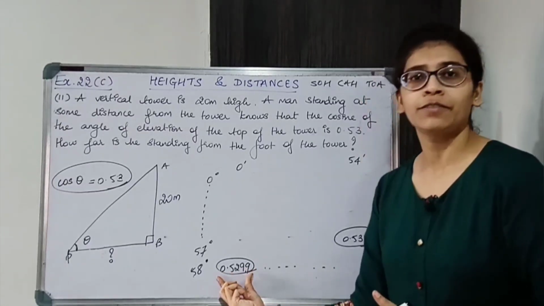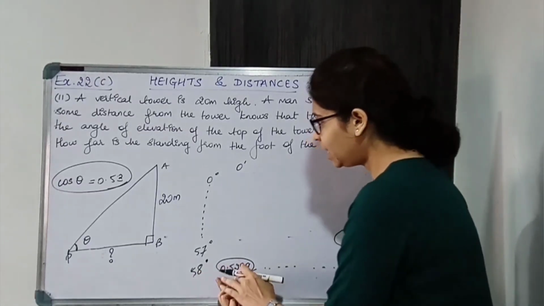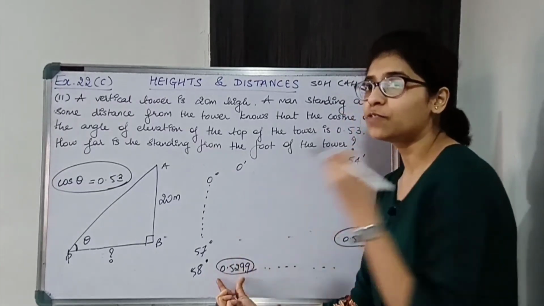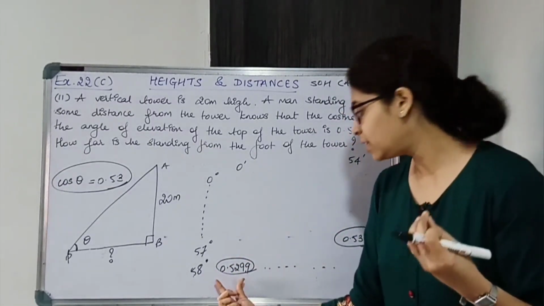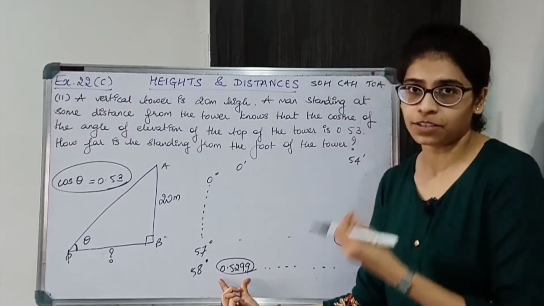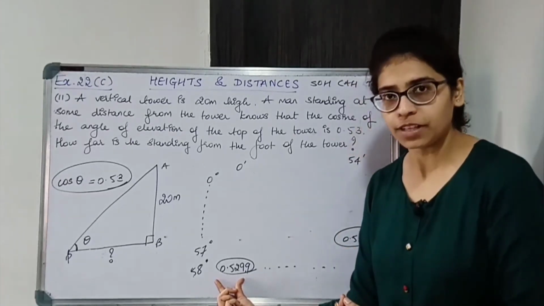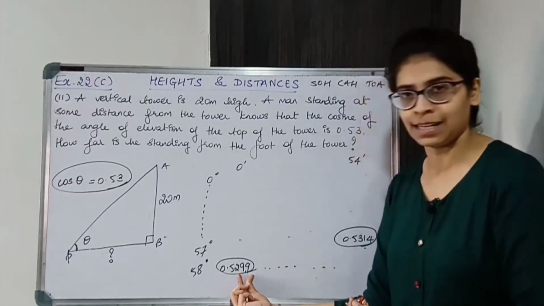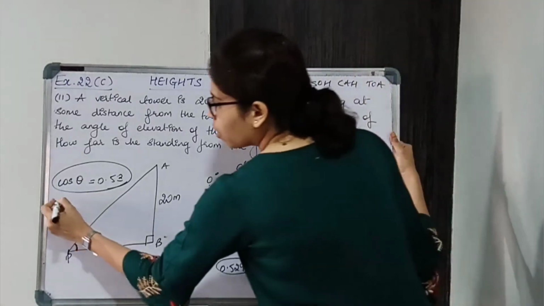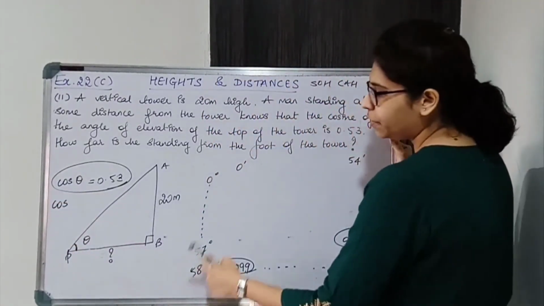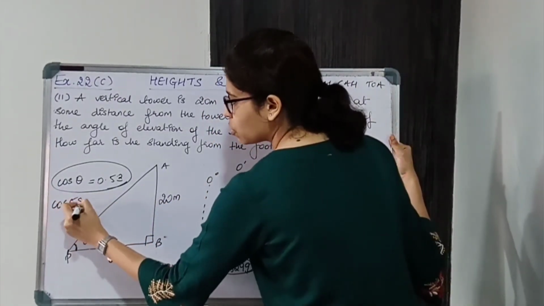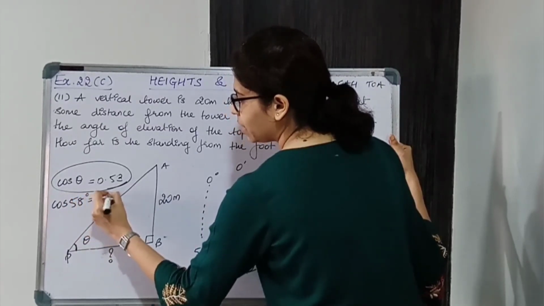It is 0.5299. So at 58 degrees and 0 minutes, cos of 58 degrees is equal to 0.53. Okay, rounded off it becomes 0.53 because here there is 99. So cos of 58 degrees and 0 minutes is nothing but cos of 58 degrees is 0.53.